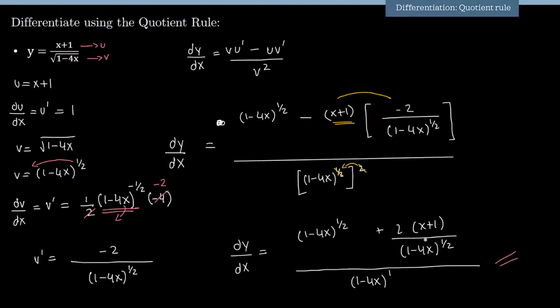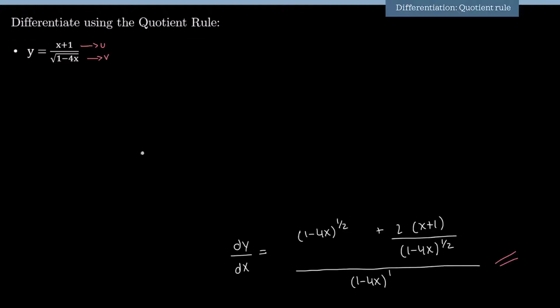I could either leave my answer like this, or I could simplify it further. To simplify it further, I am going to write the numerator separately. I am going to simplify the numerator first and then put it back in this fraction. The numerator is 1 minus 4x whole power 1 upon 2, then plus 2 times x plus 1 divided by 1 minus 4x whole power 1 upon 2.